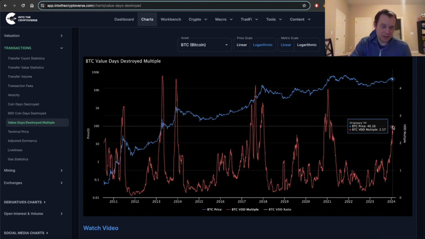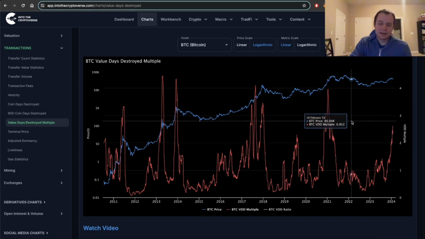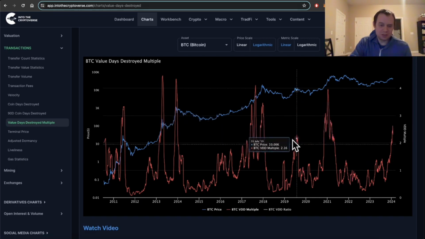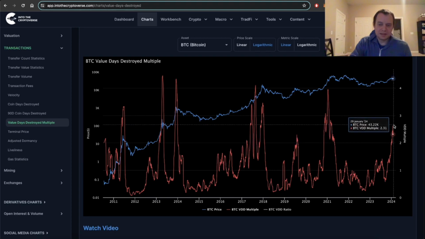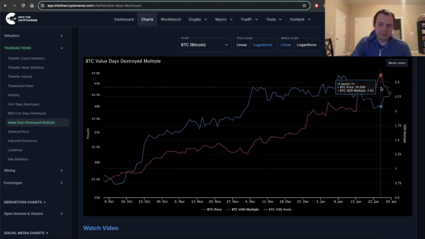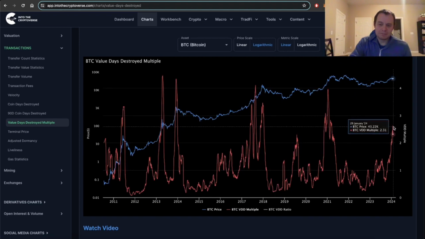And maybe the next narrative is the Ethereum spot ETF, or maybe it's something else. But this is certainly an interesting chart to keep an eye on because it is getting relatively elevated. It's gone all the way up to 2.62.